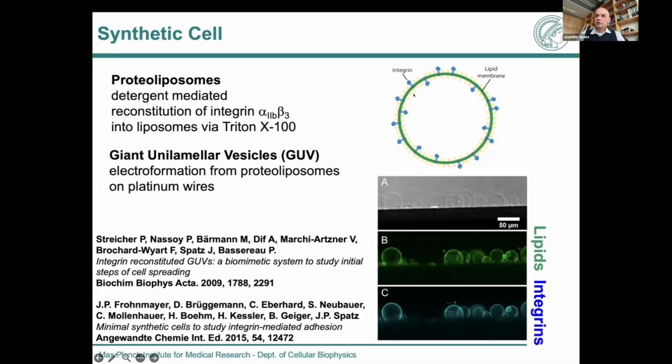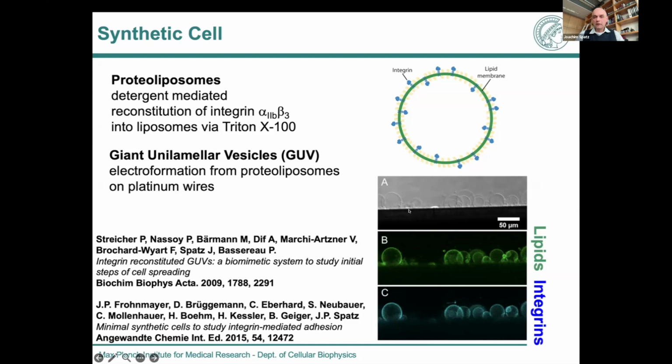At this time, we were very much interested in the receptor integrin. We were looking at clustering of integrin receptors when a cell approaches a tissue, and we wanted to build something like this: a very primitive vesicle which eventually can bind to tissue.